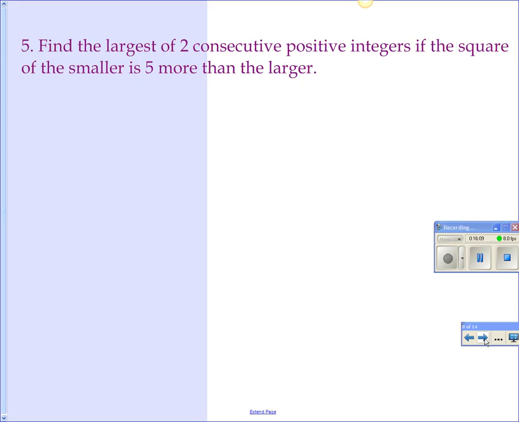All right, number 5. Find the largest of two consecutive positive integers if the square of the smaller is 5 more than the larger. Stephen, what should I circle? Stephen R., what should I circle? So I need two consecutive.